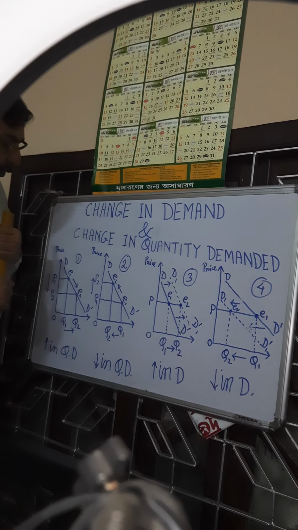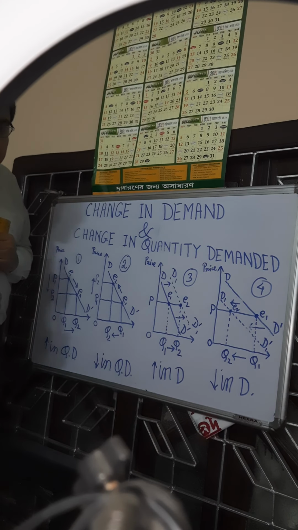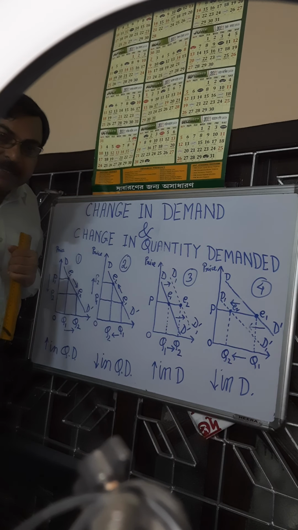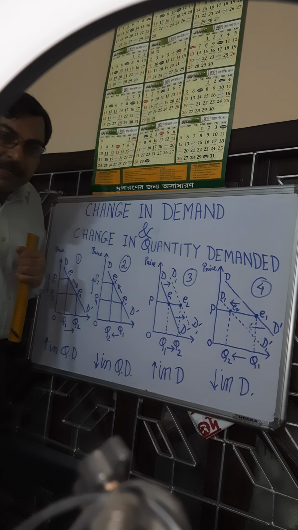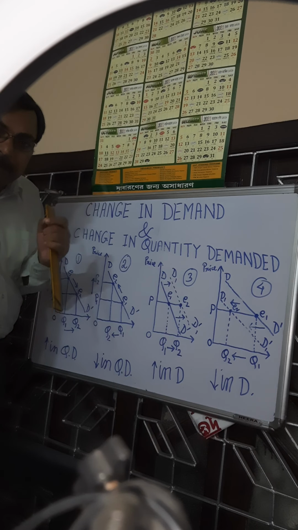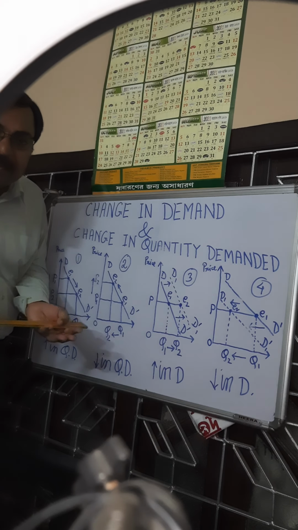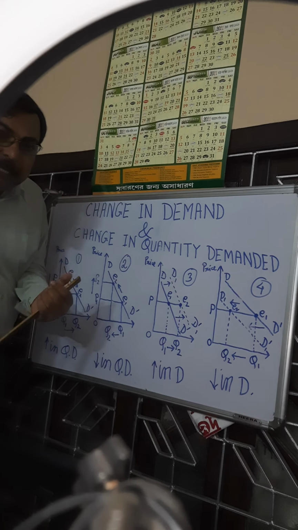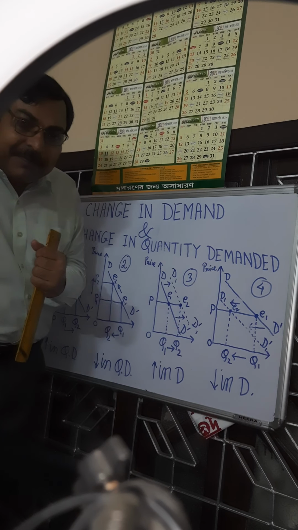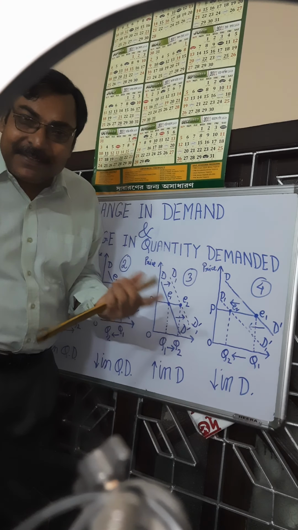First, we will talk about change in quantity demanded, where price is the reason. Price may fall, price may rise. If price falls, what will happen? Demand will expand.